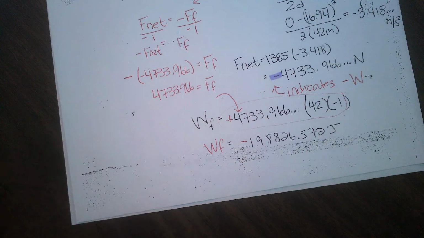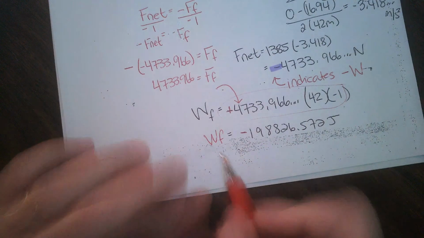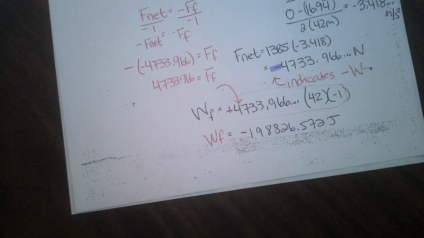And I did all of that side work to show you that a frictional force is an opposing force, which means that your work is going to be a negative value. And that negative simply indicates that the force being used is in the opposite direction of the direction of motion.